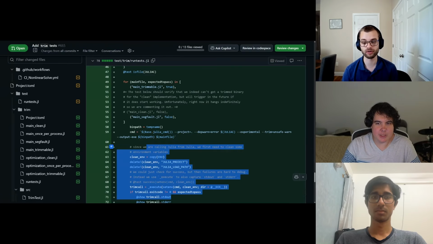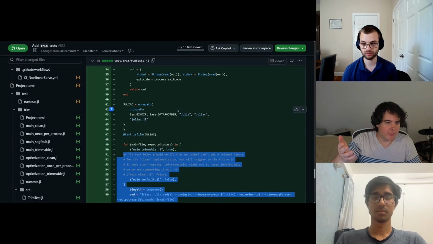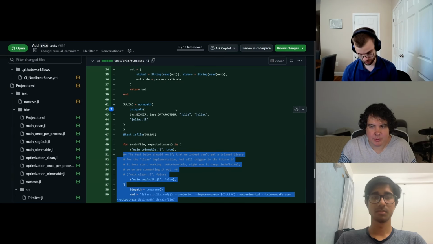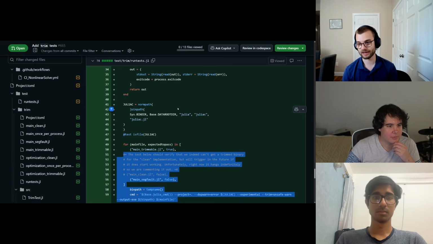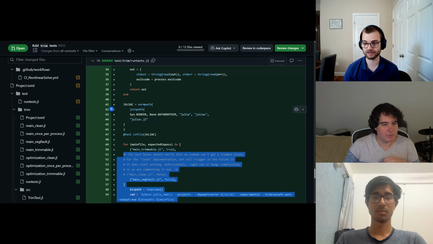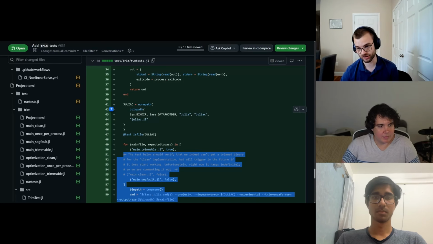Well, the initialization just is nonlinear solve, though, right? So if we solve this, that should. So yes and no. There's a couple issues there. Issue number one is that if you're going from MTK, there's the MTK custom initialization, and that very much does not trim.